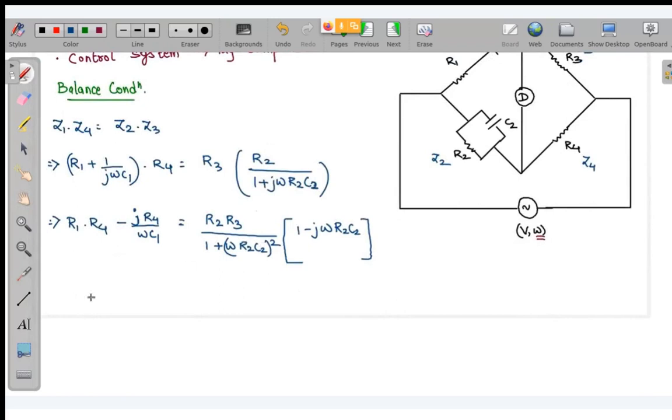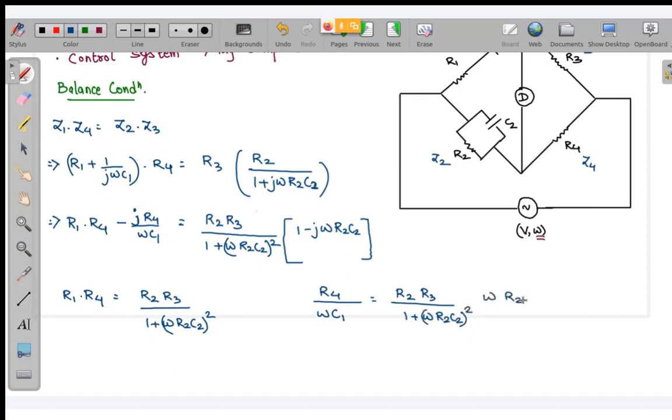At balance condition, R1 R4 is equal to R2 R3 divided by 1 plus omega R2 C2 whole square, and if I separate the imaginary part, this will be R4 by omega C1 is equal to R2 R3 over 1 plus omega R2 C2 whole square, and this will be omega R2 C2.